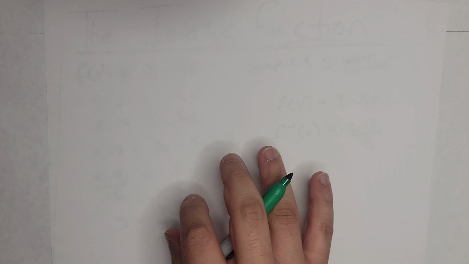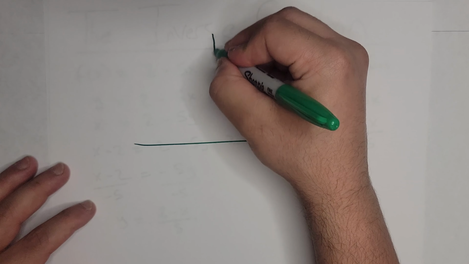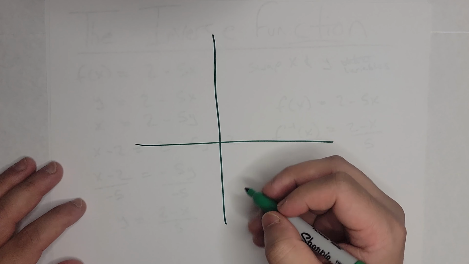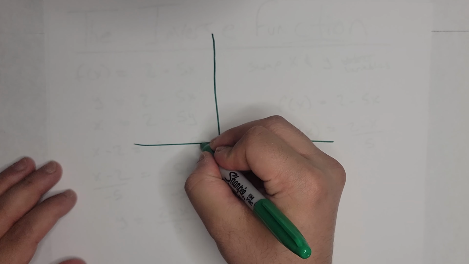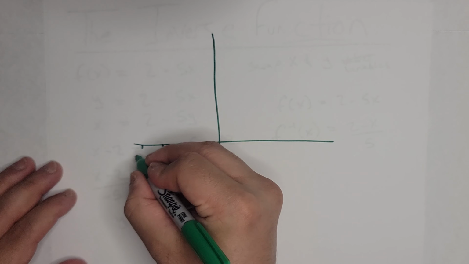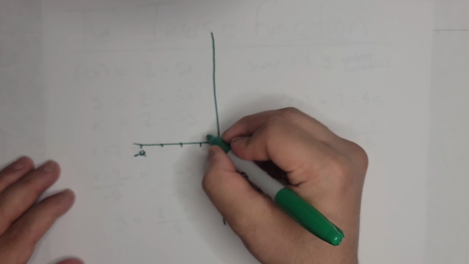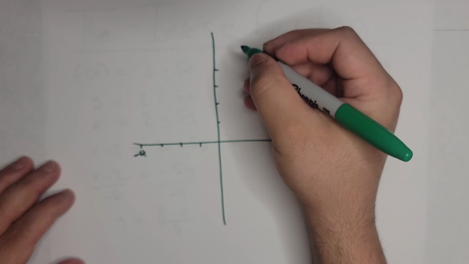Let's look at a plot. Let's say we had one, two, three, four. That's negative 4. Then 1, 2, 3, 4.